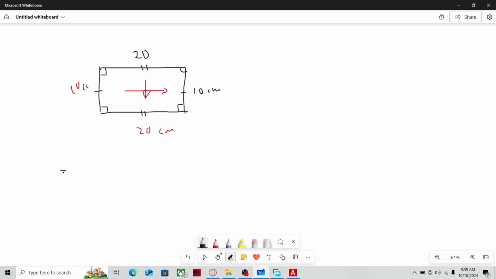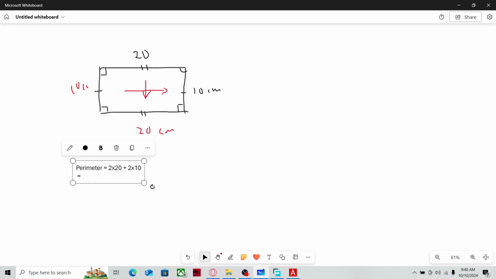So what's the formula? You can just put 2L plus 2B, or you can go the other way. Let me type it for you so it's easy. Perimeter is equal to 2 times 20 plus 2 times 10.